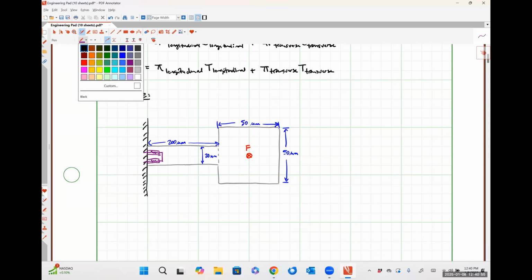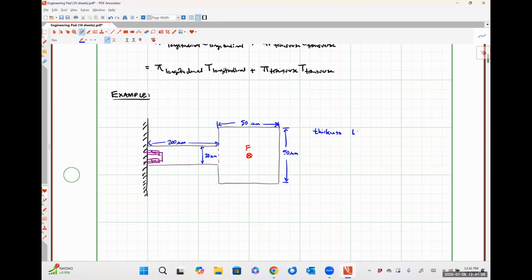All right, so let me hit you with some more things right here. The thickness of our structure, T, is going to be 5 microns. And then our piezo resistor dimensions.